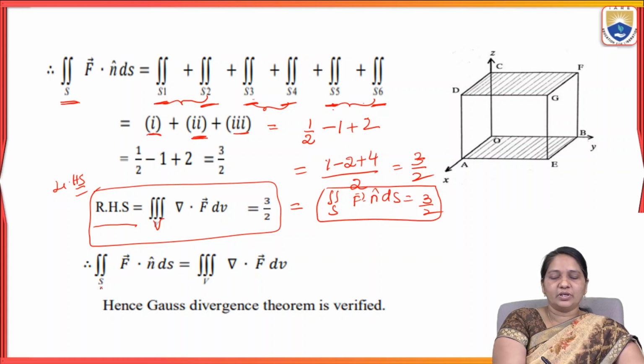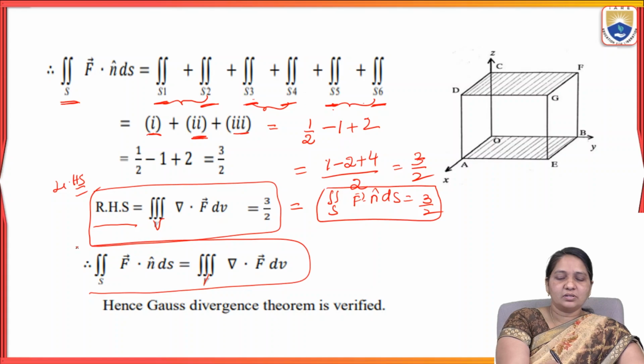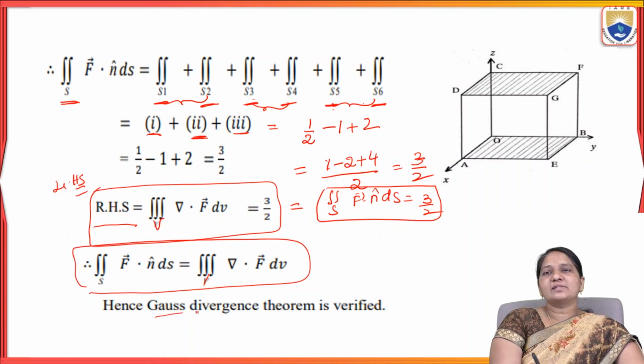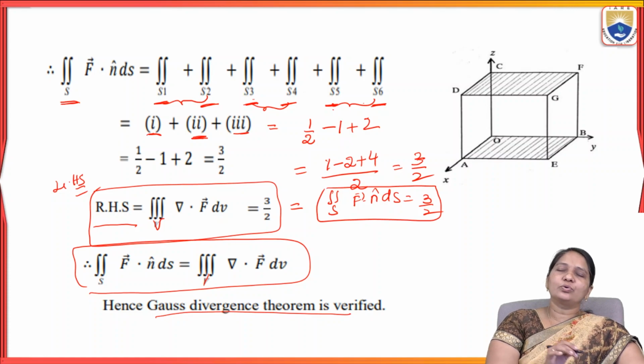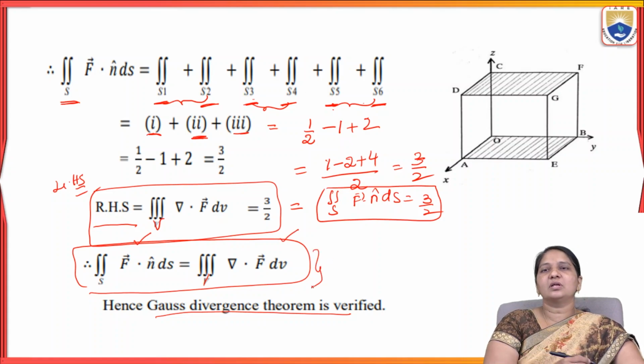That means the integral over S of f bar dot n cap ds equals the integral over V of del dot f dV. Hence the Gauss Divergence theorem is verified. So if they ask to verify the Gauss Divergence theorem, we have to calculate the surface integral and the volume integral, and show that these two values are equal. Then we can say that the Gauss Divergence theorem is verified.